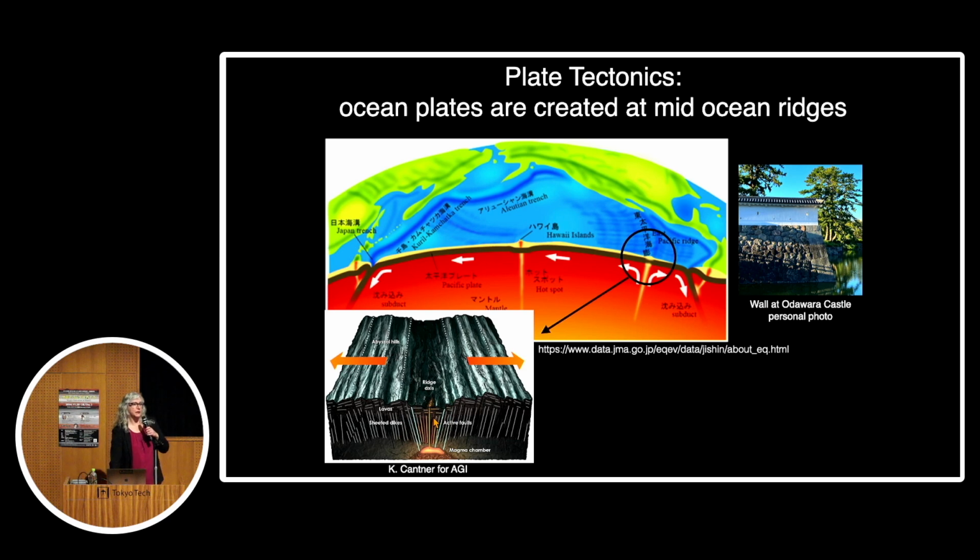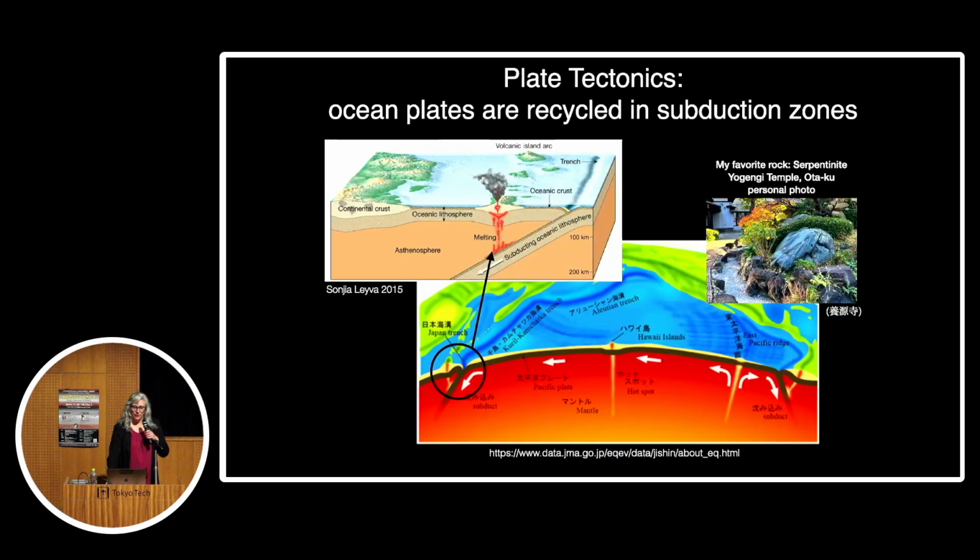You might be familiar with basalt because you often see it building the castle walls in Japan. It's this dark black rock. As the plate is carried across the ocean floor, it eventually sinks into the subduction zone. During this process, the water and the rock come in contact.